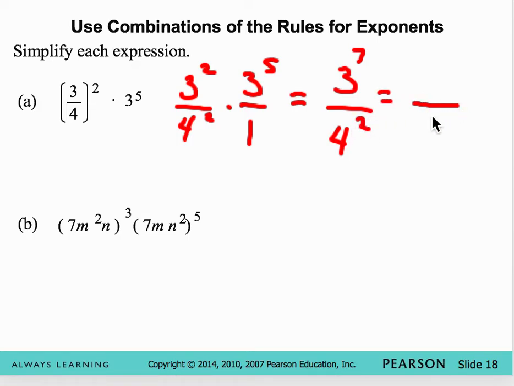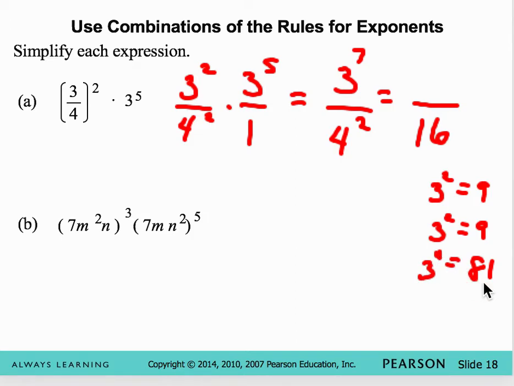Okay, 4 squared is 16, 4 times 4. Okay, let's see if we can come up with 3 to the 7th. 3 times 3 is 9. All right, so let's do this. 3 squared is 9. So that's 81 for 4 of them, right?